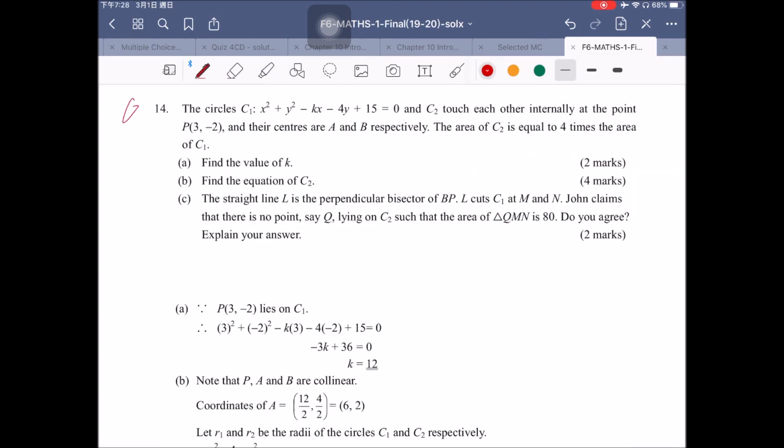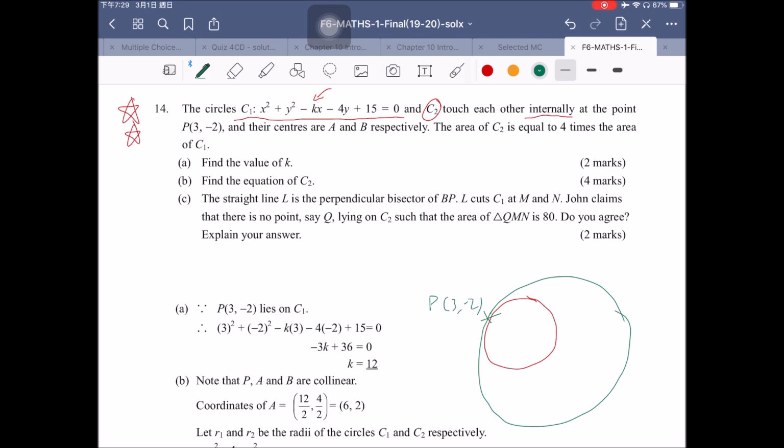We go to question 14, which is a little bit difficult. C1, but there's a K you don't know. You know another circle, C2, touches internally at the point P. That is 2 circles, the red one and the green one. Okay, touch internally at P, 3 minus 2.